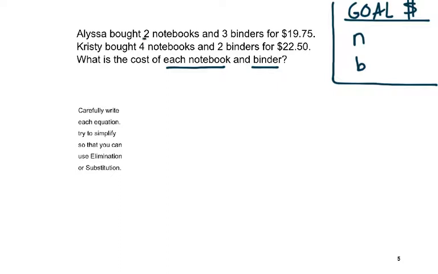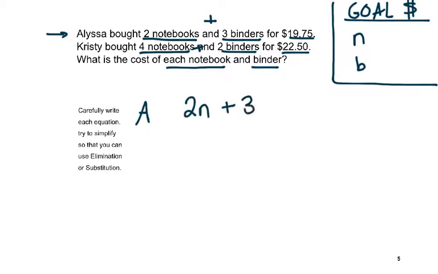Alyssa bought 2 notebooks and the word and means plus, 3 binders for $19.50. Christy bought 4 notebooks and, again, that means plus, 2 binders for $22.50. So for Alyssa, we're going to write 2 notebooks plus 3 binders is equal to $19.75.